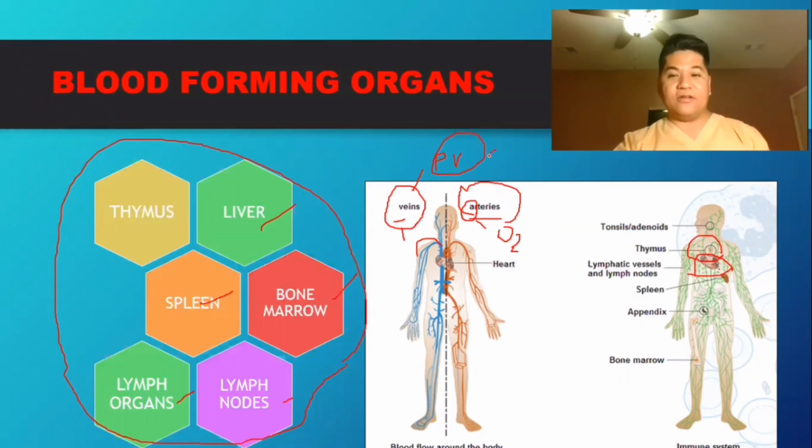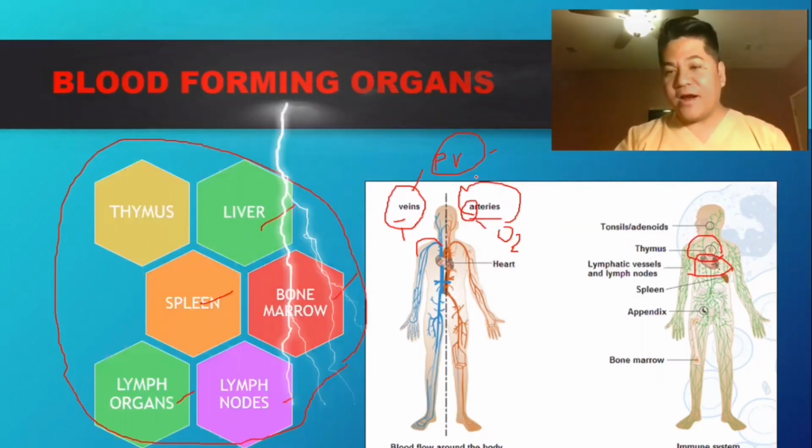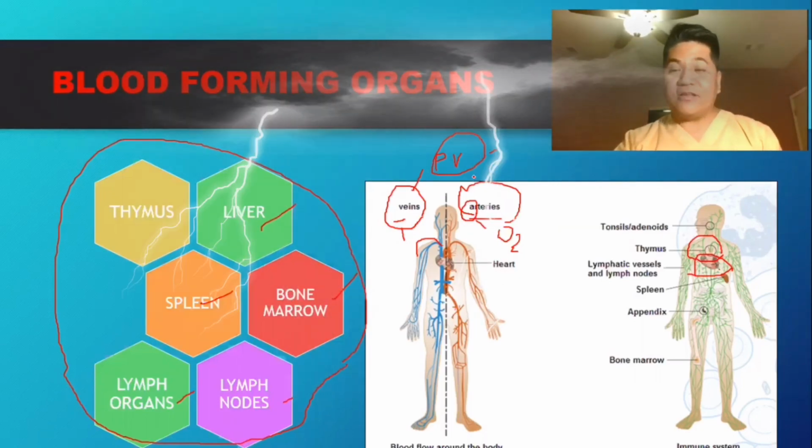So later on in cardiovascular, if you're able to browse on that, the pulmonary veins will carry oxygenated blood.